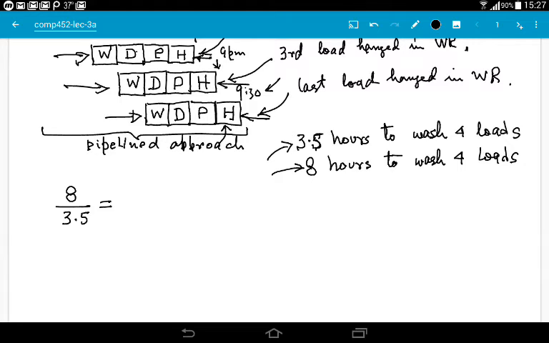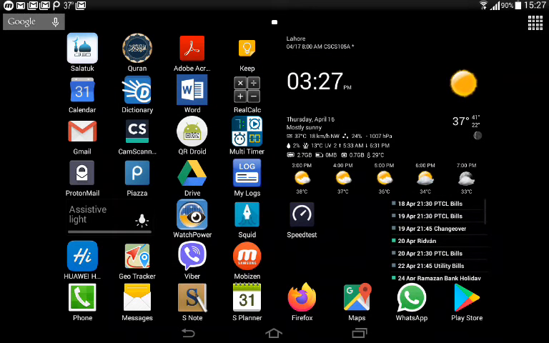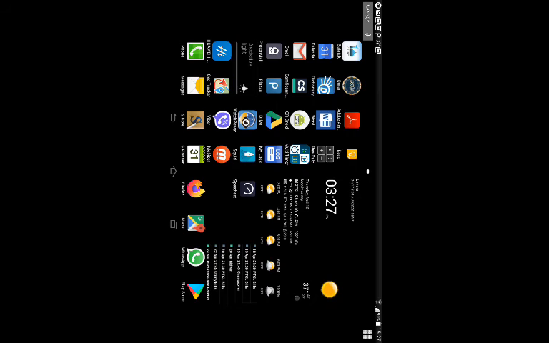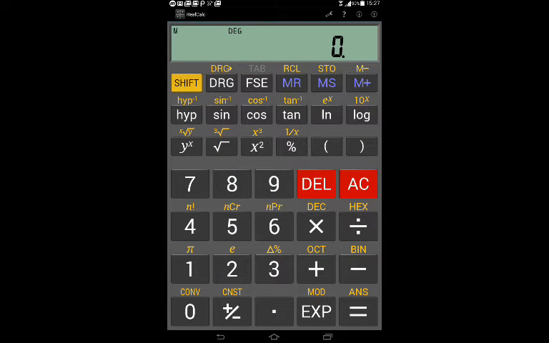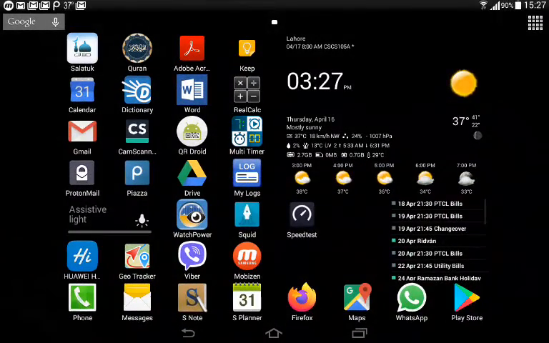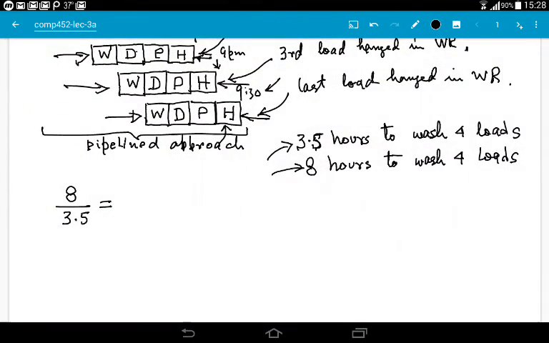Okay, let's use this calculator. 8 divided by 3.5 equals 2.285, so approximately 2.3.